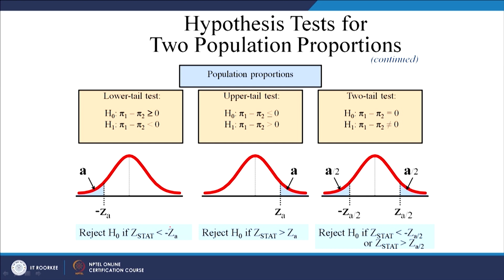This is how the distributions would look like. So, this is a case of left tail test because this symbol is less than type. This is right tail test or an upper tail test. This is the symbol, and this is a two tail test. You have got two rejection regions because this symbol is not equal to type.